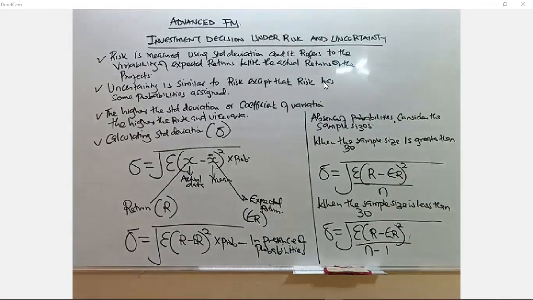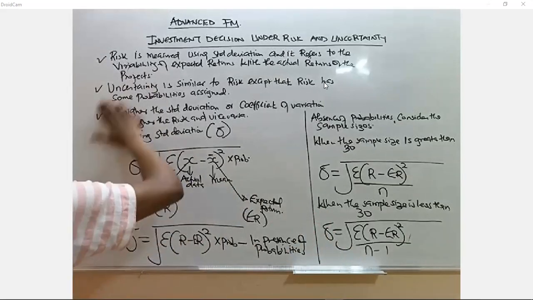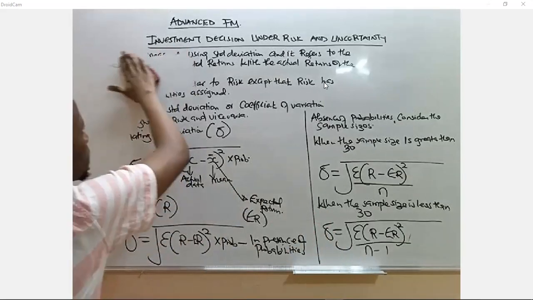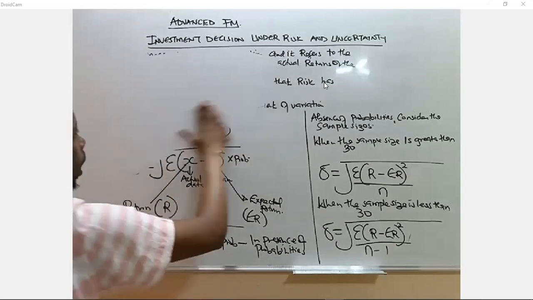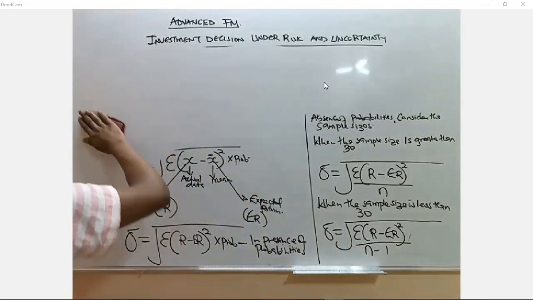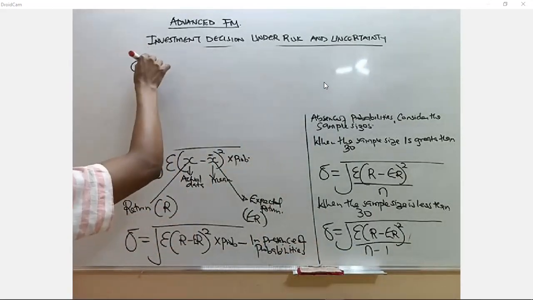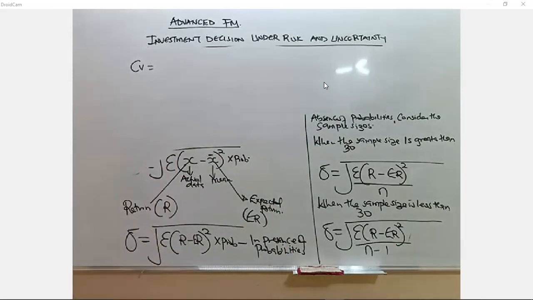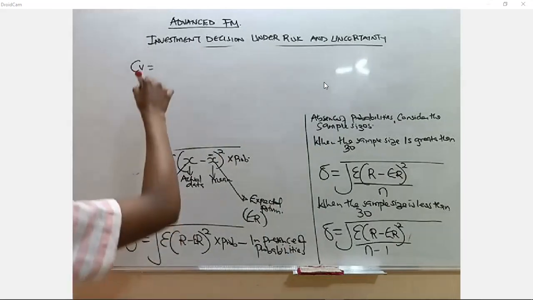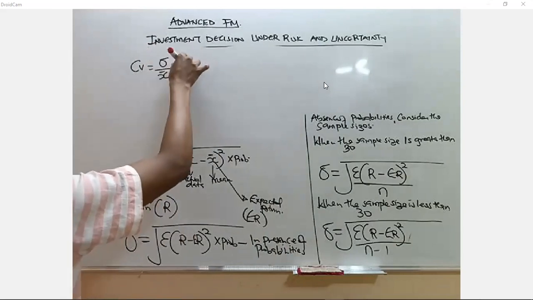But what about the coefficient of variation? It normally measures the variance aspect. So how do we normally get it? Before, we used to take your standard deviation, divide by the mean, then multiply by 100%.